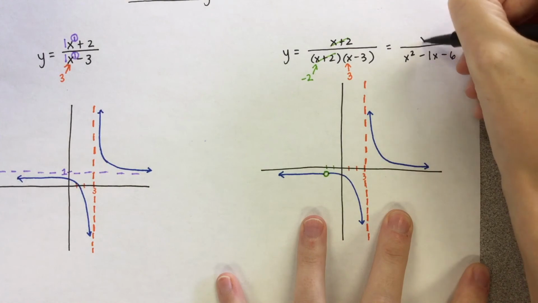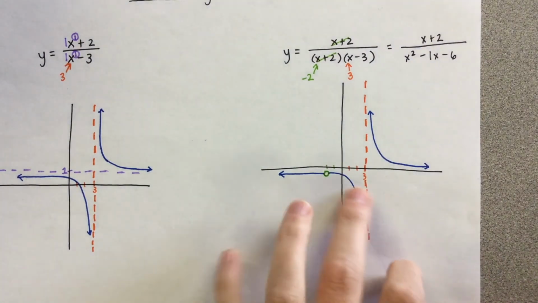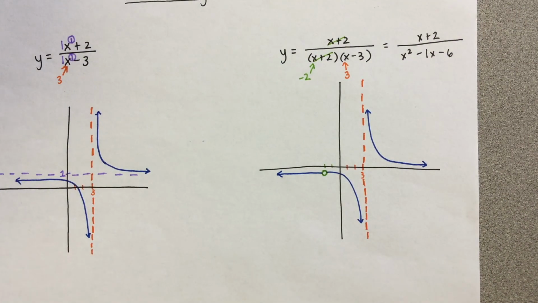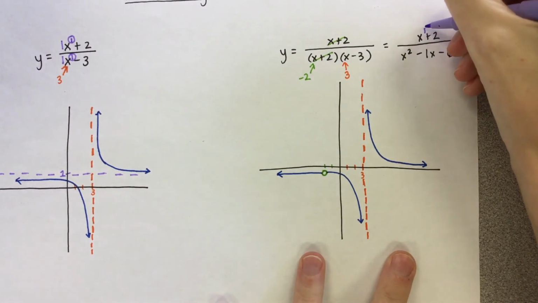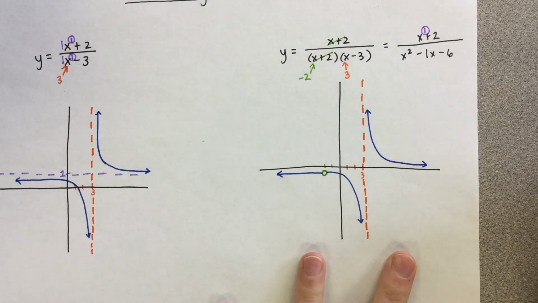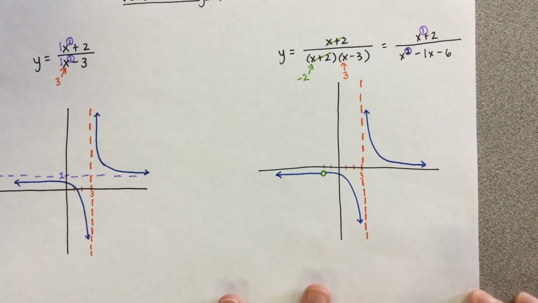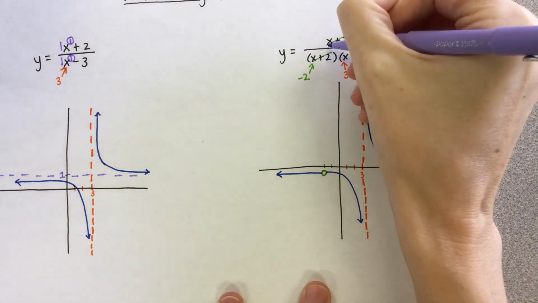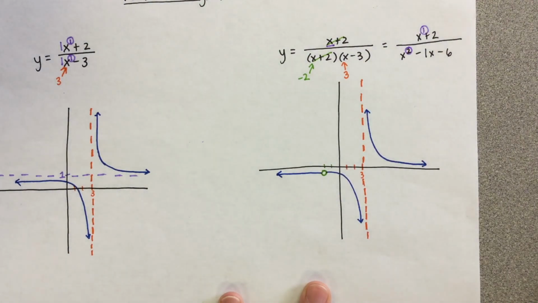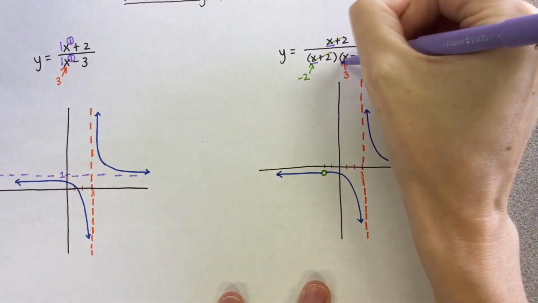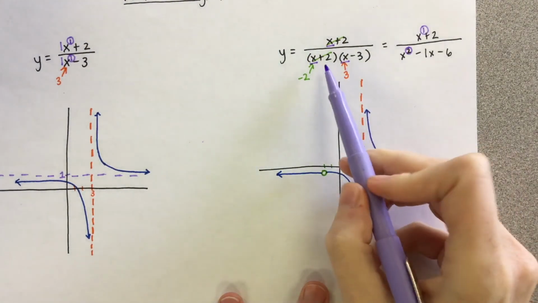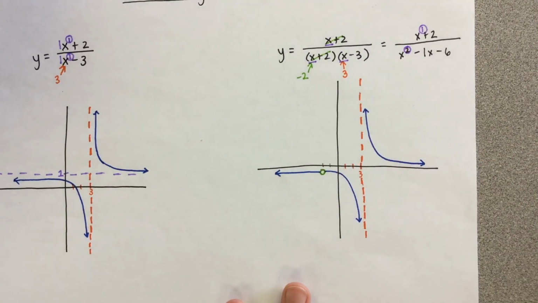And the numerator was x plus 2. So the degree of the numerator is 1. That's x to the first power. And the degree of the denominator is 2. Or you could have seen that here there was 1 x in the numerator. The degree there is 1. And in this factored form, there are 2 x's, so the degree of the denominator is 2.